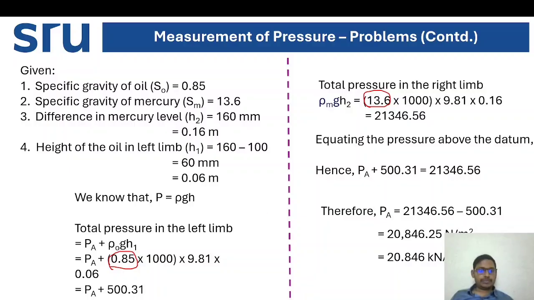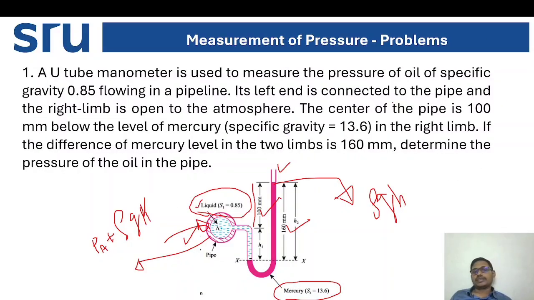So now you see PA plus rho naught GH1, that is PA plus 0.85 into 1000 into 9.81 into H1, which we have already seen is 160 minus 100, that is 60. So PA plus 500.31. The total pressure in the right limb is equal to 13.6 into 1000 into 9.81 into 0.16, which is with respect to the right limb open to the atmosphere.